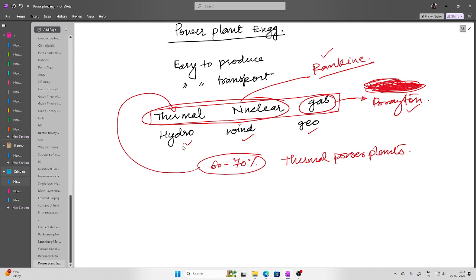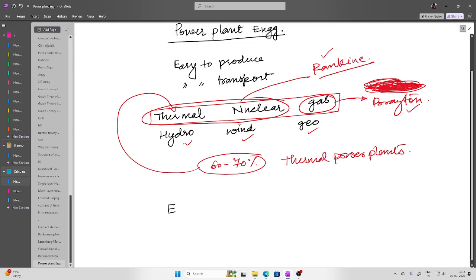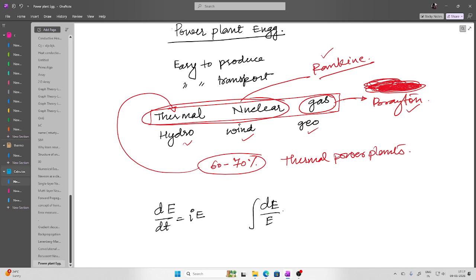Now, when it comes to electricity, there has been an exponential growth in its production. Let us understand how. Let's say electricity production E increases with some fractional rate I. That is, dE by dt will be I times E. If you integrate it, dE by E equals I dt.